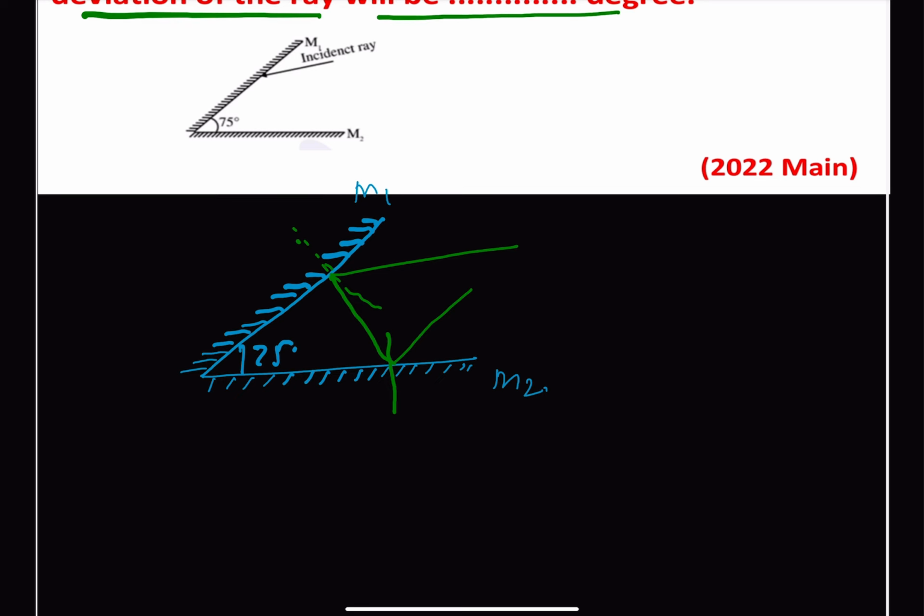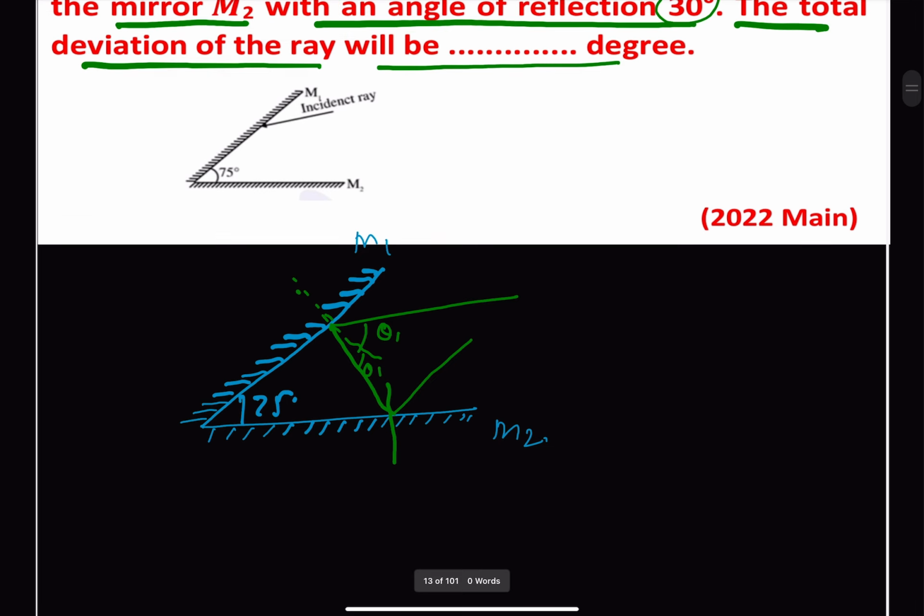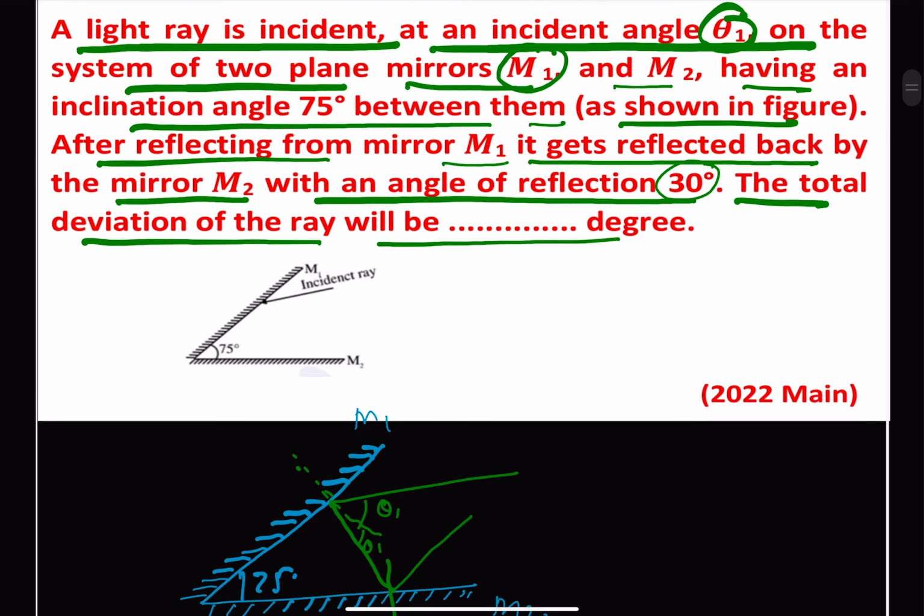So therefore we can say that we have an angle, this is theta 1, this angle will also be theta 1, and we are given that the angle of reflection is 30 degree.